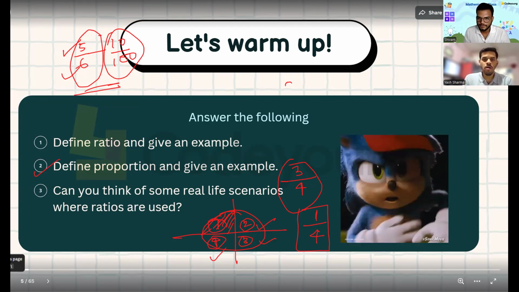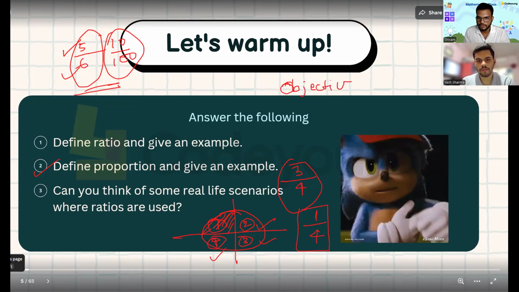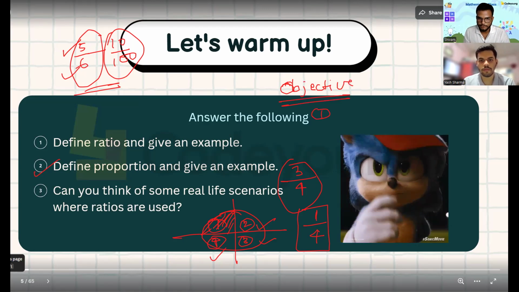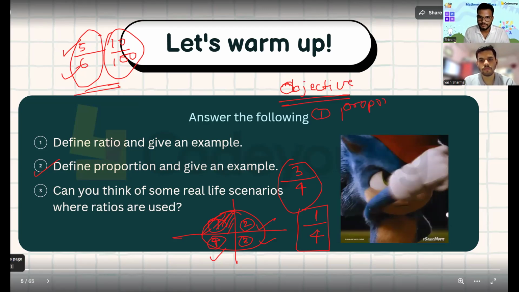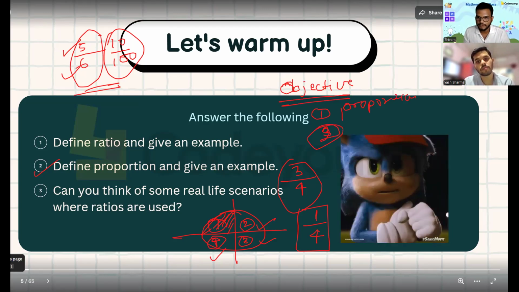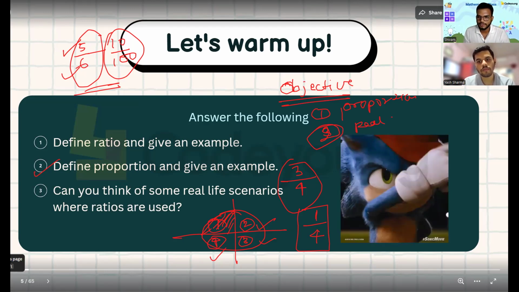So let's define our objective. Our objective is to learn more detail about proportion, and the second part is its real life application. How we are going to use it in real life.